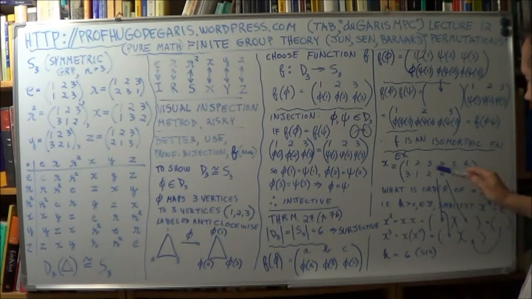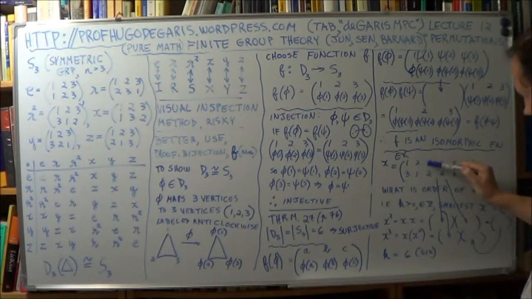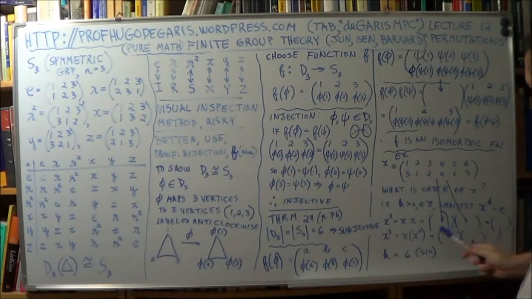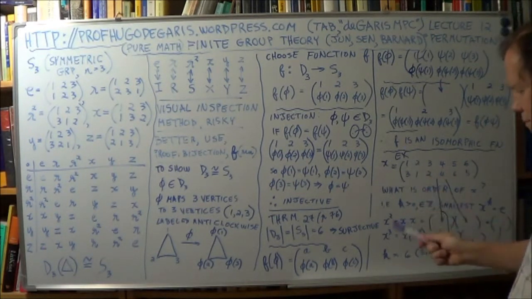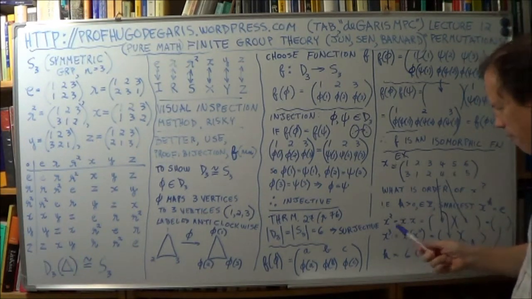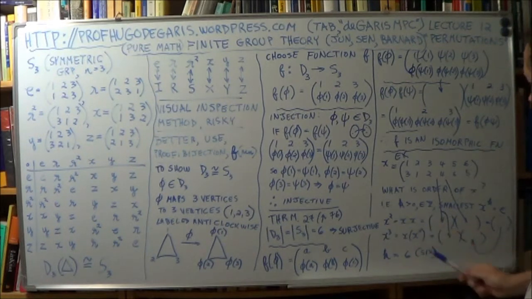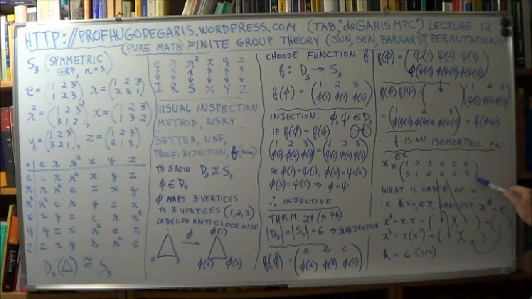So you're multiplying x several times until eventually you get the unit. And remember, the unit when you're talking about the symmetric group is 1 to 1, 2 to 2, 3 to 3, 4 to 4, 5 to 5, 6 to 6. You don't know what it is, so you just keep multiplying. I'm using a multiplicative manner of speaking. So x squared is just xx. That's this permutation times another one, and you get a result.